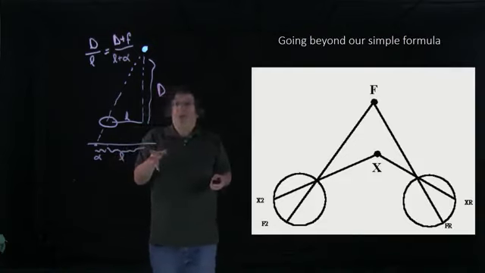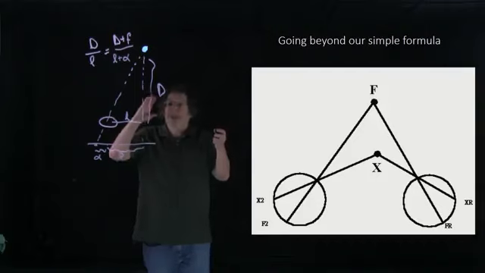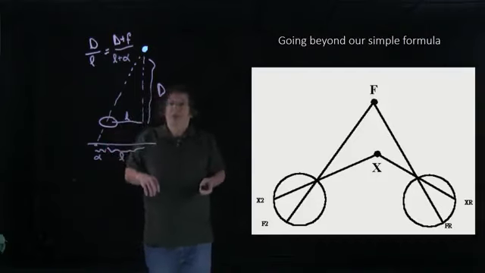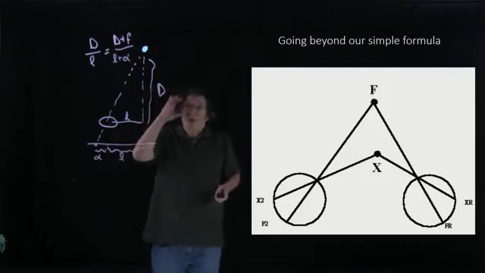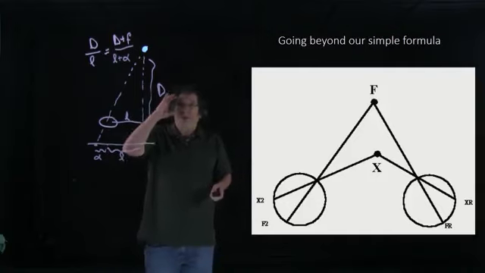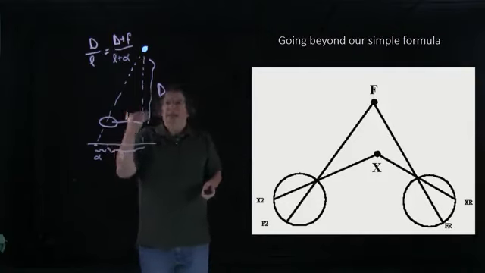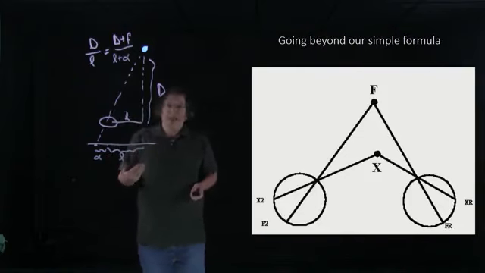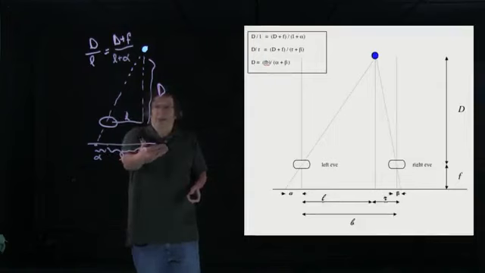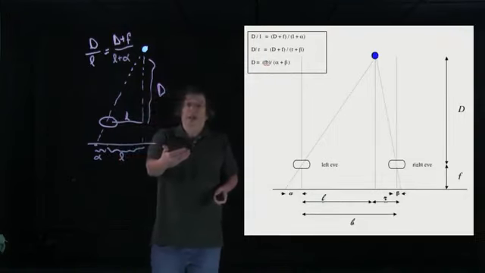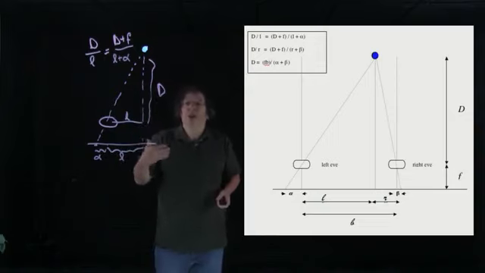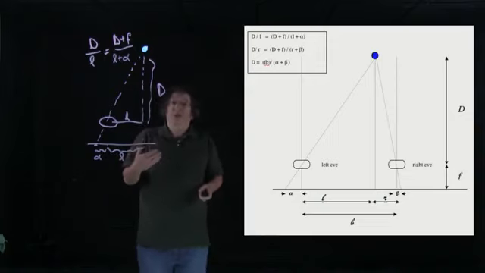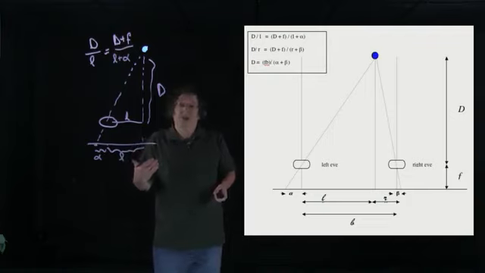If you've ever played with one of those stereoscopic little toys where you can hold up stereo photographs to your two eyes and see objects at different distances and so forth, that basically uses this principle of binocular vision. Objects that are meant to look close to you in those stereo photographs have a large disparity.